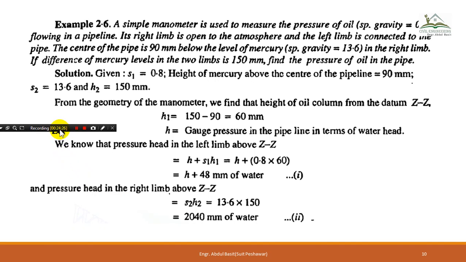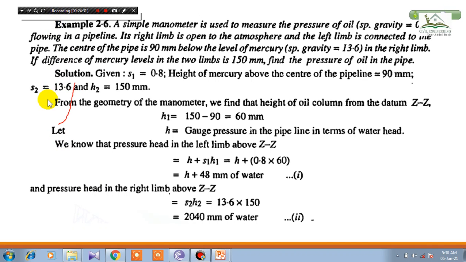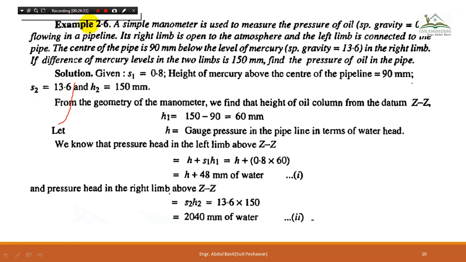Now coming to the second example for you, that is 2.6. A simple manometer is used to measure the pressure of oil of specific gravity 0.8. So the specific gravity of the oil is given.